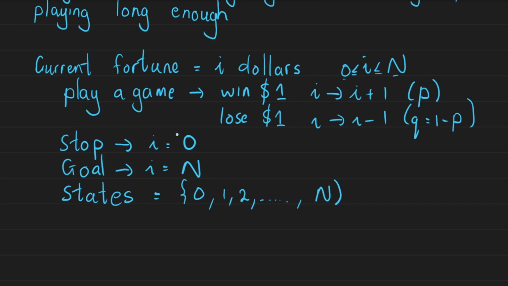As we said just now, i equal to 0 corresponds to state 0, and i equal to N corresponds to state N. This means that the gambler has reached the goal. Another thing I want to say here is that states 1, 2, all the way till N minus 1 are transient states.